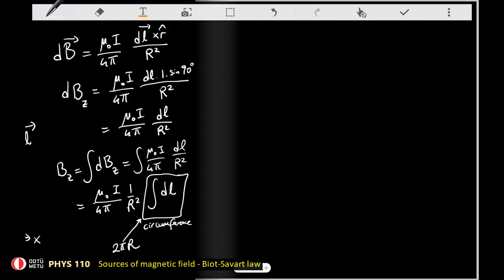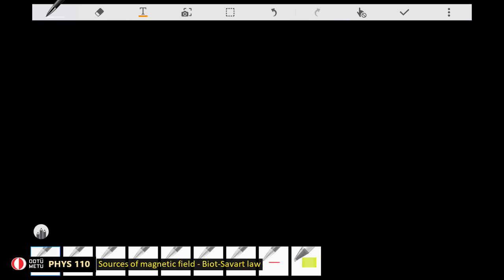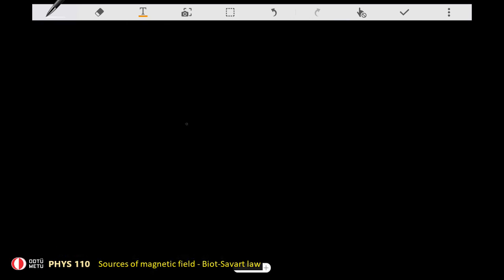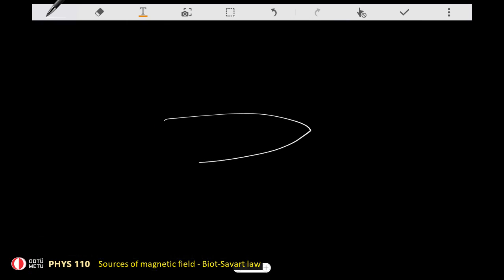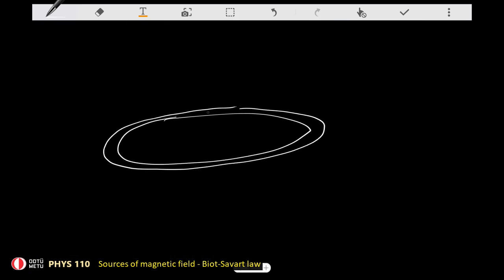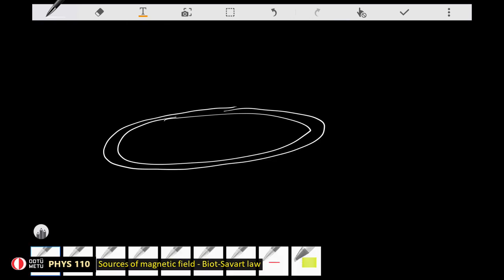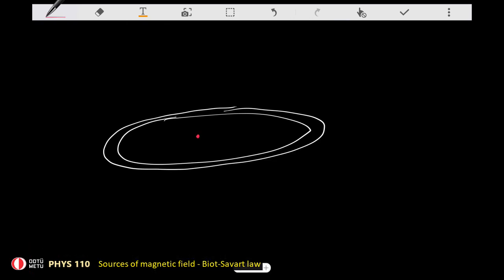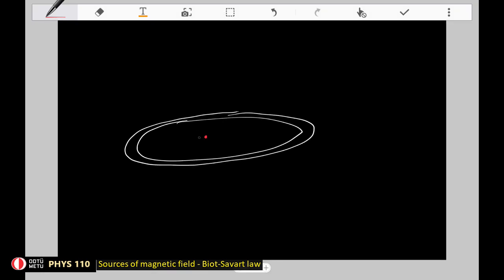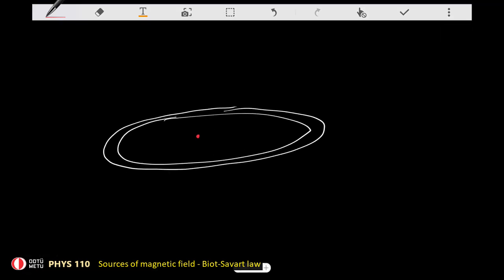So since I have time, let me also say something about the direction. So this is the three-dimensional view. So let me first draw this picture of the ring. It's not a good picture. So to give the impression of this three-dimensionality, I then try to draw the axes in here.